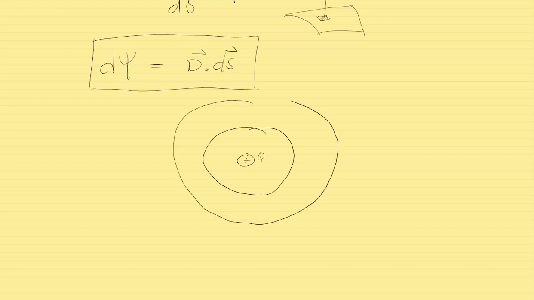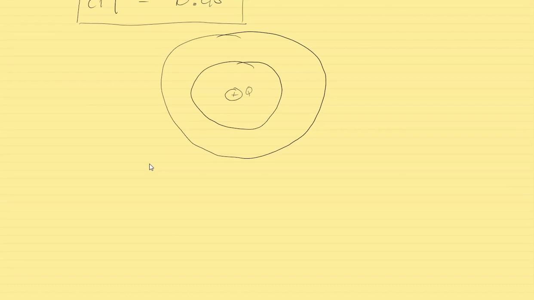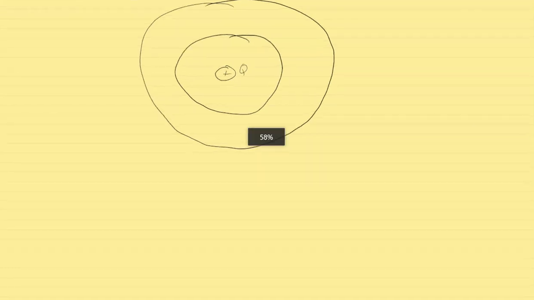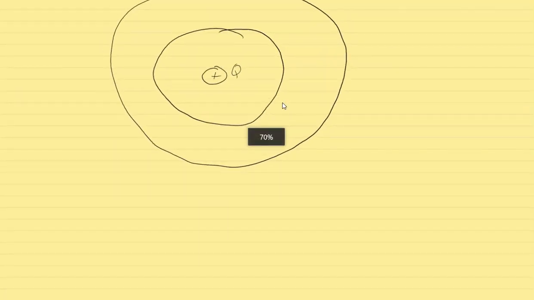This is an experiment of Michael Faraday. Then he computed the electric flux density at the different regions. The first one is the inner sphere. What will be the electric flux density at the inner sphere? And what will be the electric flux density at the outer sphere?